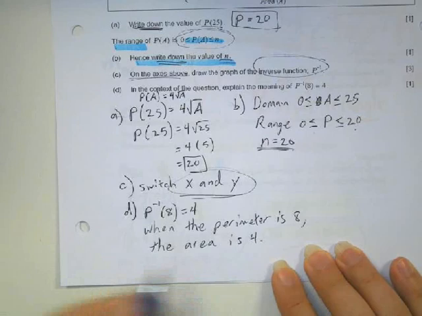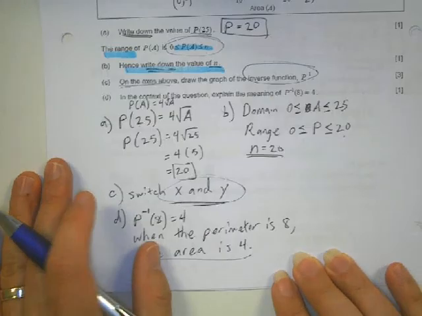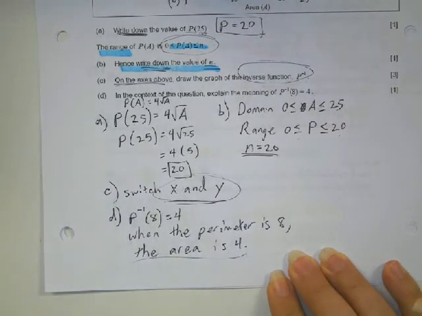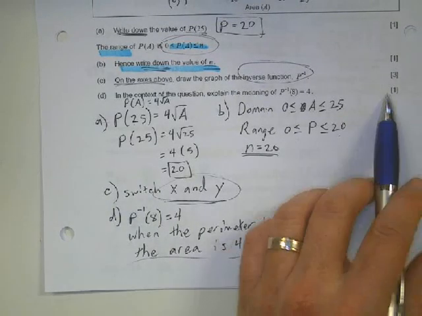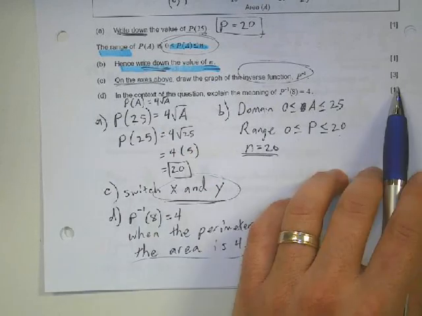As I've mentioned, this was an IB question, and this tells you how many points each part was worth. So let's just say you couldn't answer question D. It's only worth 1 point. 3 points for drawing the graph.